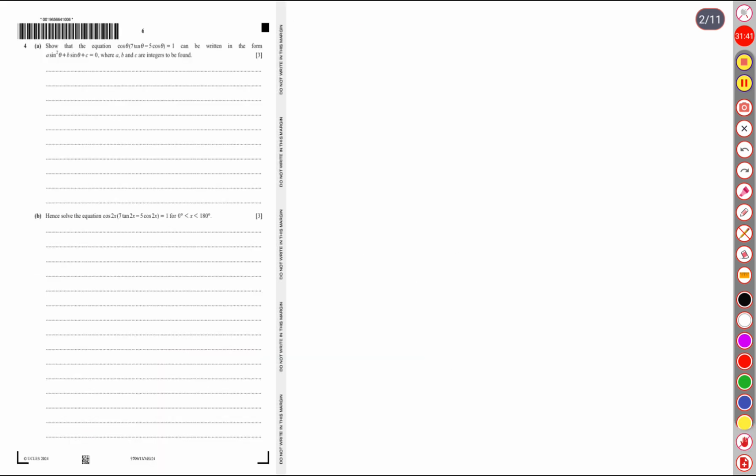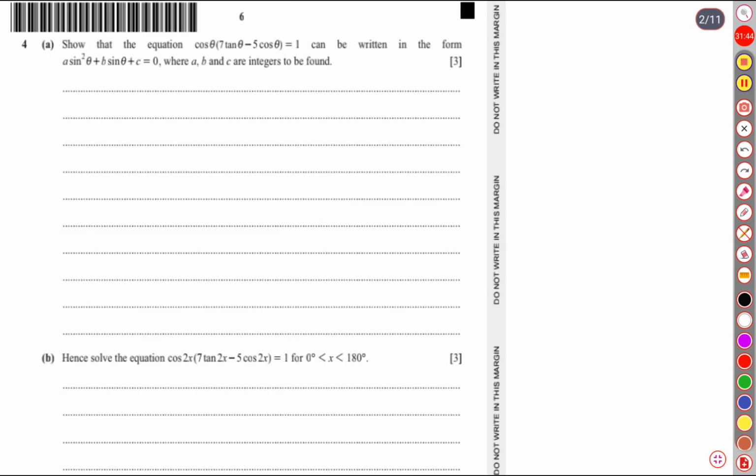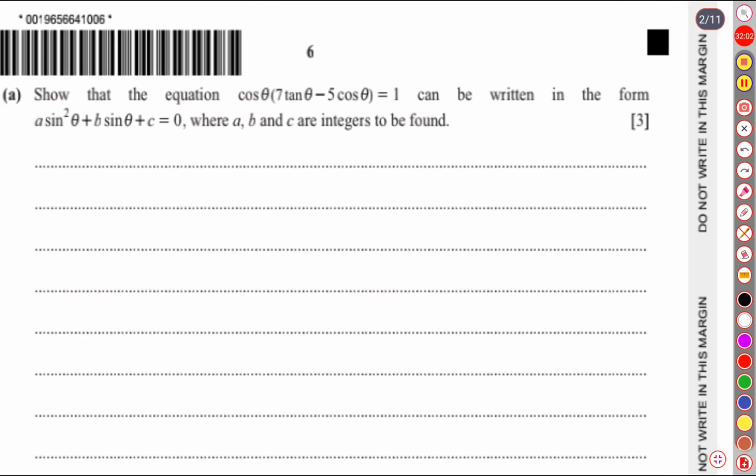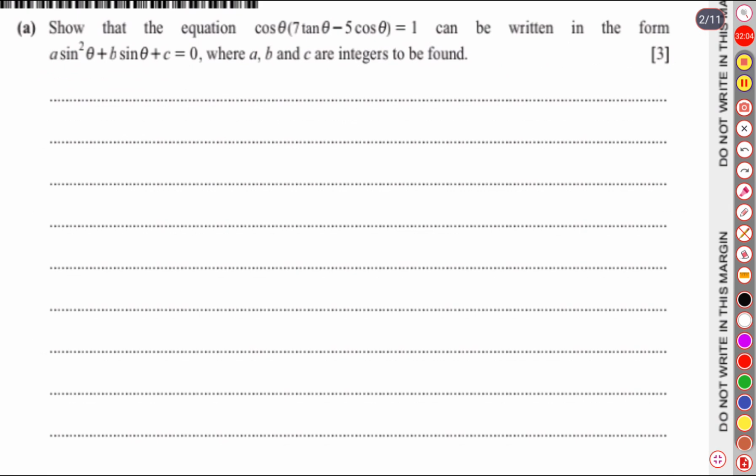Question number 4 says, show that the equation cos theta into 7 tan theta minus 5 cos theta equal to 1 can be written in the form a sin square theta plus b sin theta plus c equal to 0. So we are going to start the solution.